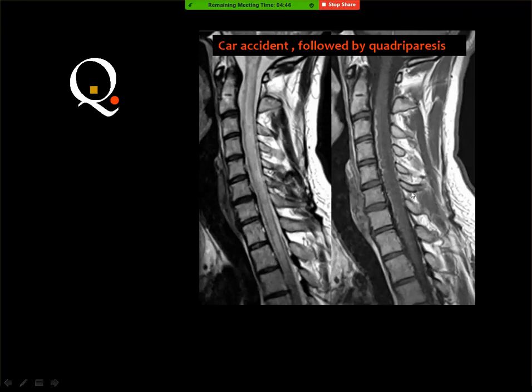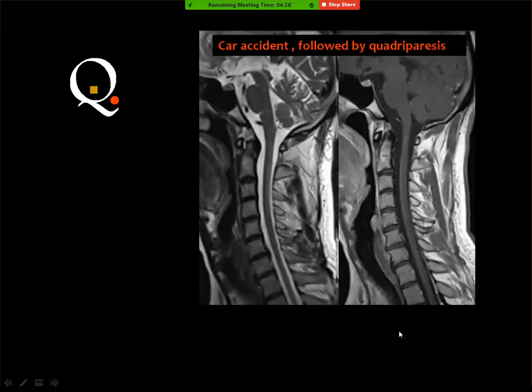Then if you inject the contrast material and see some enhancing vessels along the surface of the cord, this means that there is a fistula between the vein and the artery, which is known as the dural arteriovenous fistula. This is the follow-up of the patient after closure of the fistula.